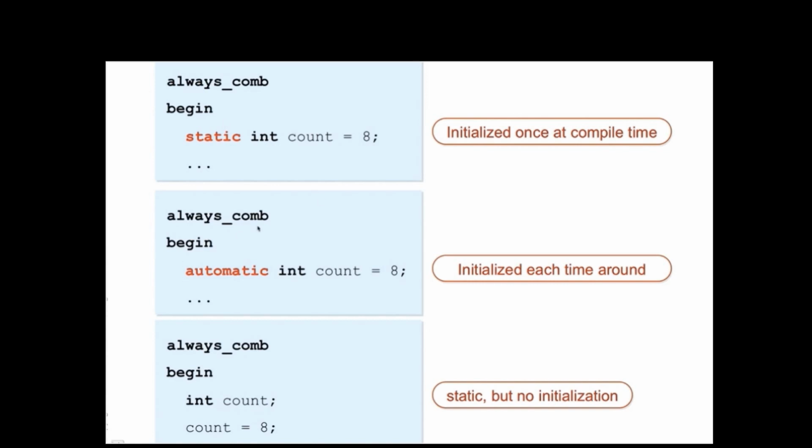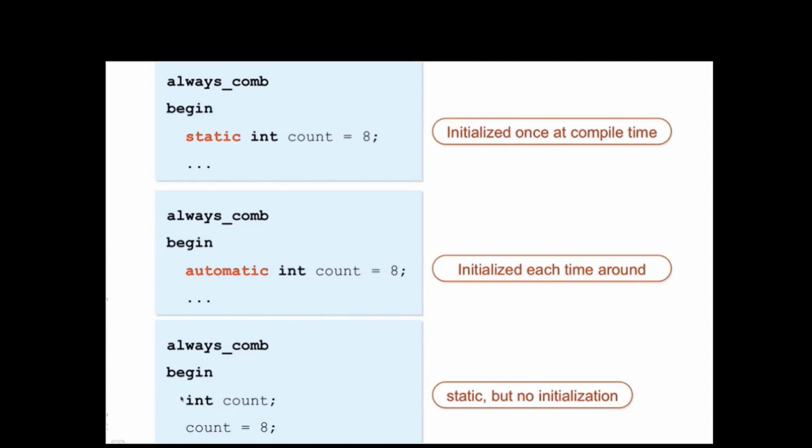Then the second one here is we've declared count to be an automatic variable, which means that every time the always block starts up again, the variable count will get initialized to the value 8. And then we can modify it as necessary later in the always block, but once it comes back around again, it'll get initialized to 8.